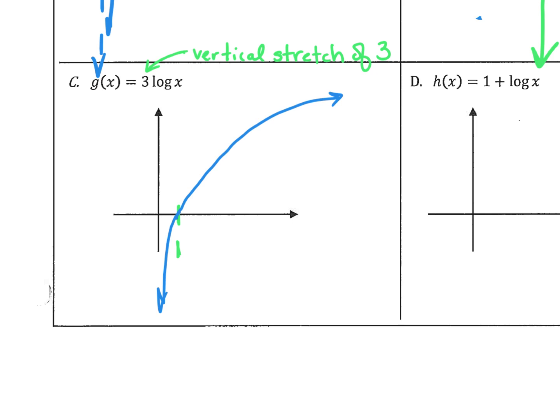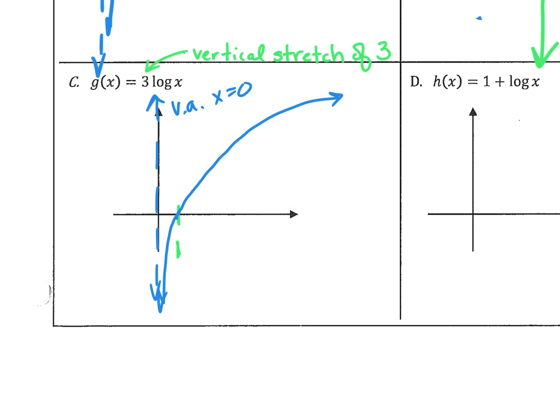Look at where it's curved and go 1 space, either before or after that. Which way? Backwards this time, right? So it's going to be at 0. So we have a vertical asymptote at x equals 0 and a vertical stretch of 3.